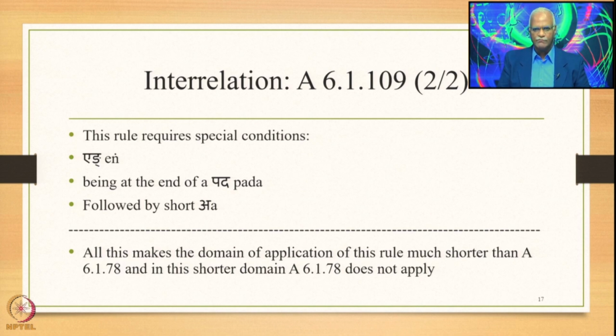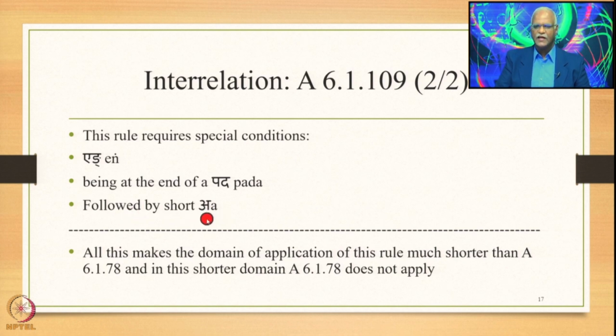Echo yavayavaha requires ech immediately followed by ach, that's all. But this sutra 6.1.109 requires not ech but eng, which is part of ech. This also requires that this eng appears at the end of a pada. And this also requires that the following vowel is short a and not any kind of ach.